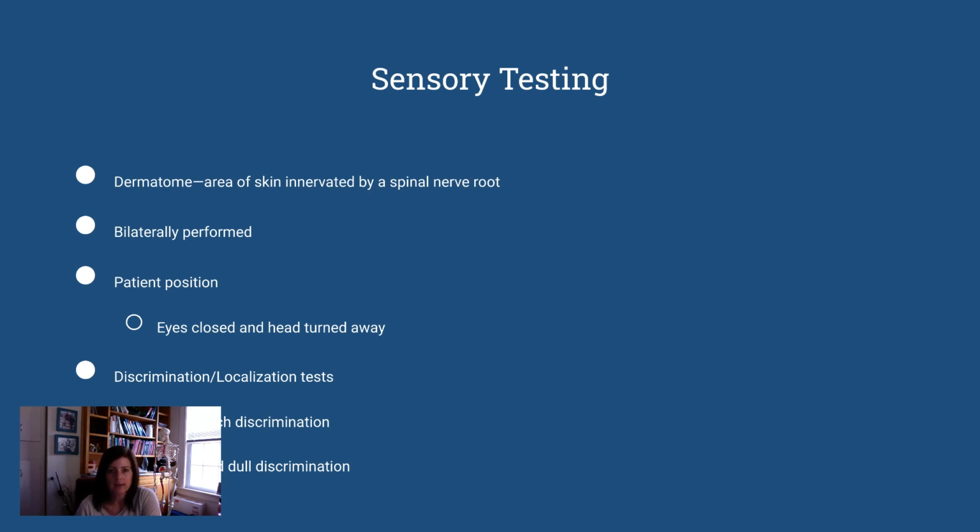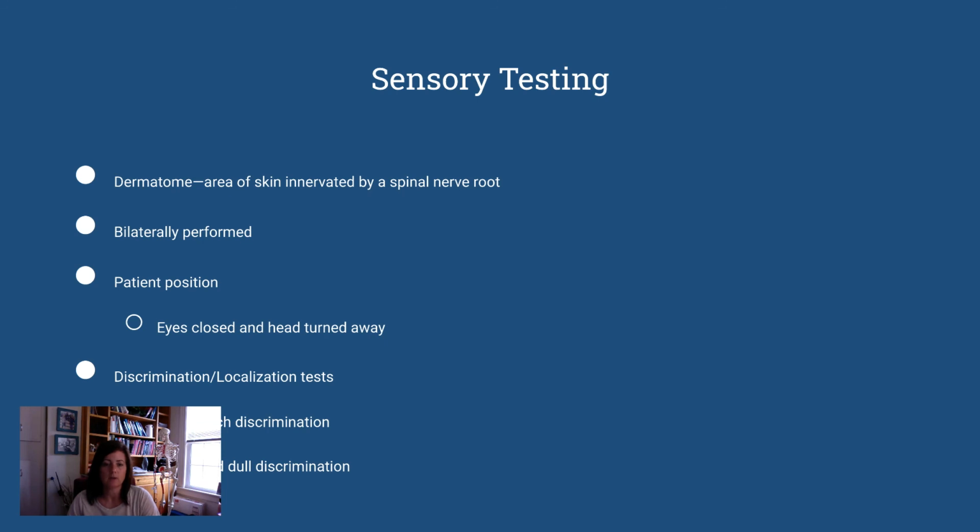You're going to perform it bilaterally, and you're going to do light touch and sharp-dull localization. Having the patient sit, you can do a gross sensory assessment when the patient first sits down, and then have them close their eyes and look away, and then identify the location where you're testing them.